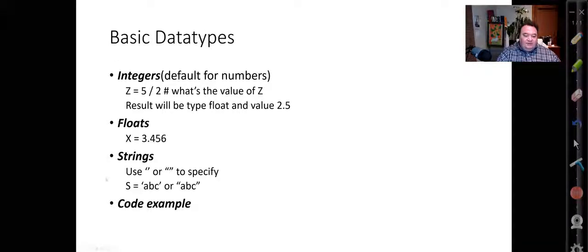So, simple examples. You can have a variable. Again, you don't need to declare the type of a variable. You just assign it to something, and then Python automatically tries to use the simplest type possible. So if I do z equal 5 divided by 2, 5 divided by 2 is 2.5, so z has to be a floating point number. Notice that in Python there is no distinction between floats and doubles, so it always uses the highest precision.